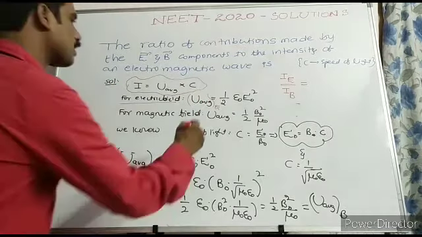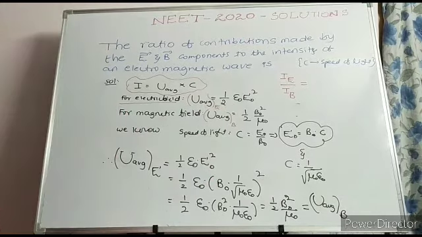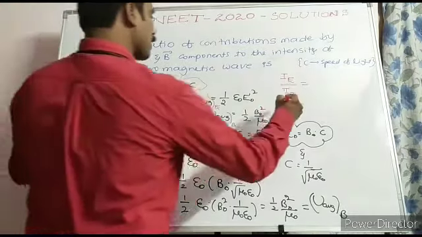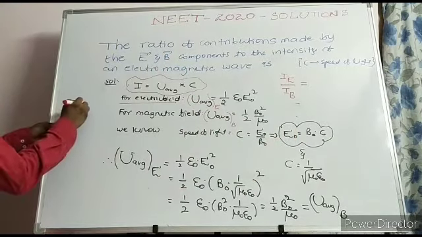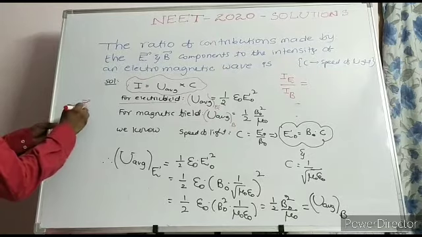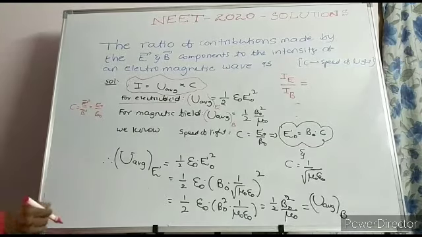For the magnetic field, U average of B is equal to half into B naught square by mu naught. But we know speed of light C is equal to E naught by B naught, that is C is equal to E bar by B bar, equal to E naught by B naught.